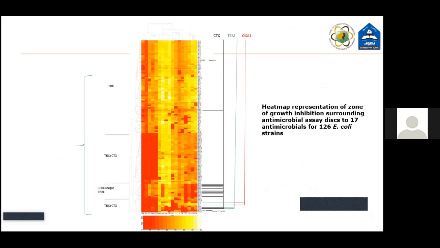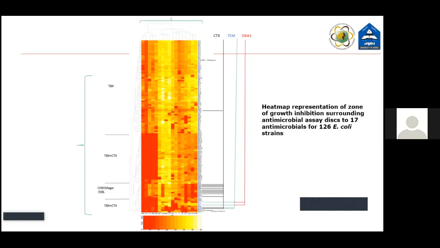The left side clusters show the antimicrobial resistance profile against antibiotics, and they were seen to cluster according to their culture media, mainly according to the culture media which they have been isolated from. On the top, we can see the cluster of the antimicrobial agents according to their pattern of resistant strains.